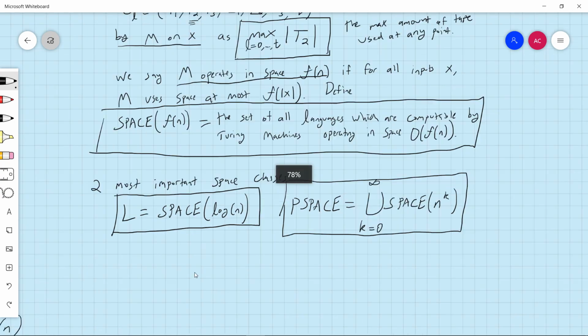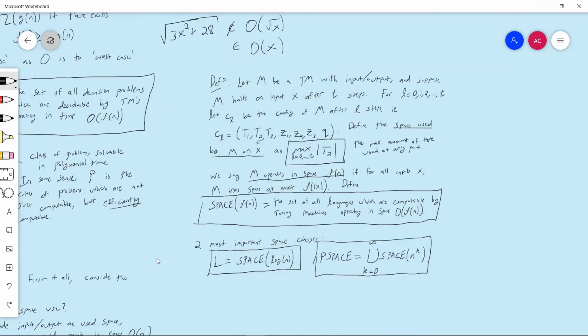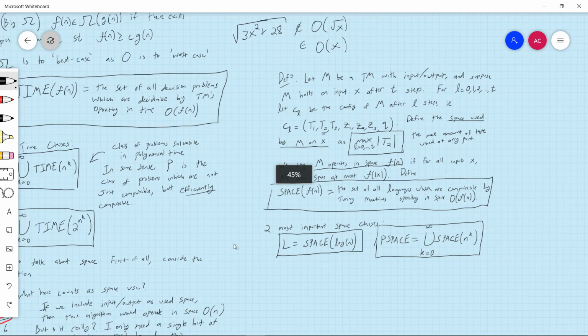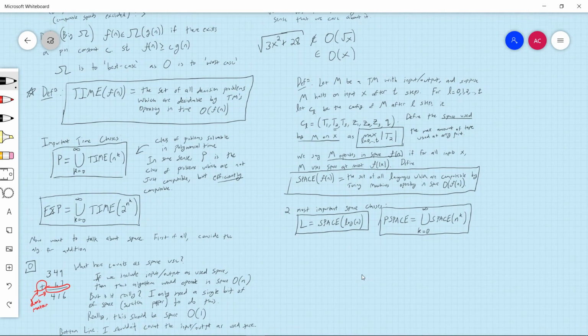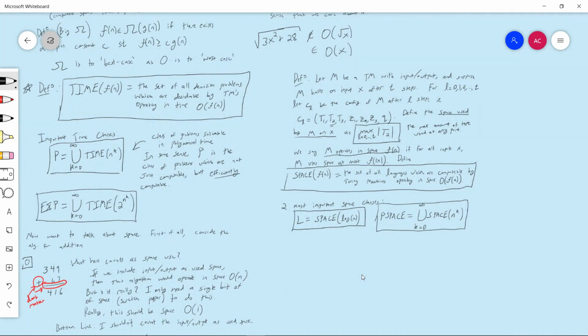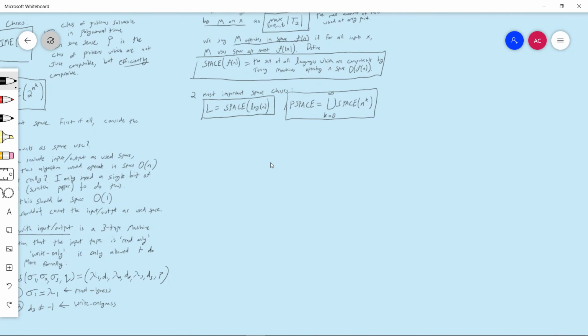So I think I defined 4 extremely important classes today, actually: P, EXP, L, and PSPACE. A lot of what we're going to do involves these 4 guys. There's a few more to define that are kind of the gang. Maybe I'll just draw the simple picture for now and then end it here. Here's R, all the computable functions.